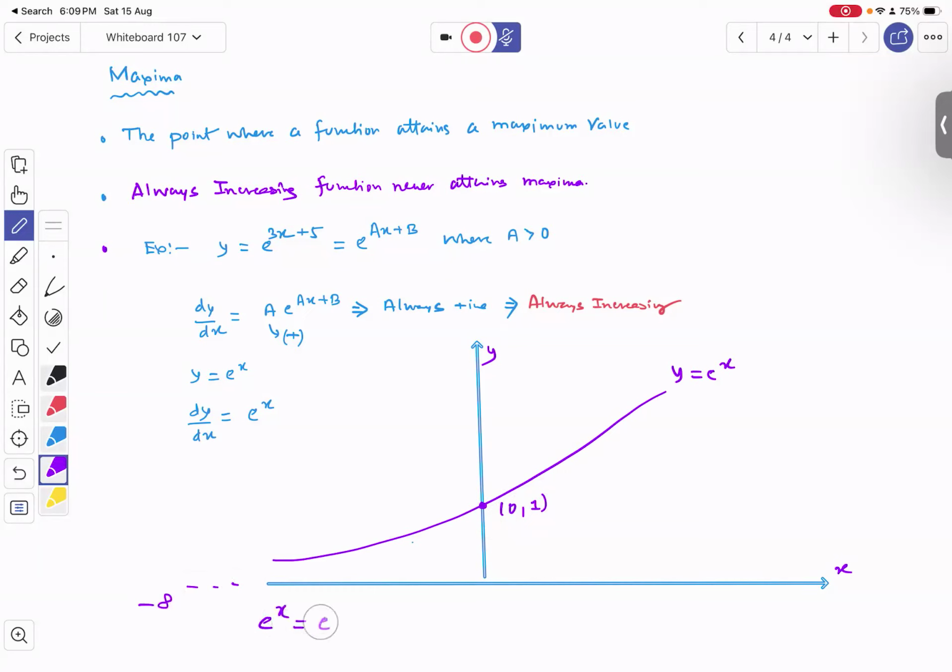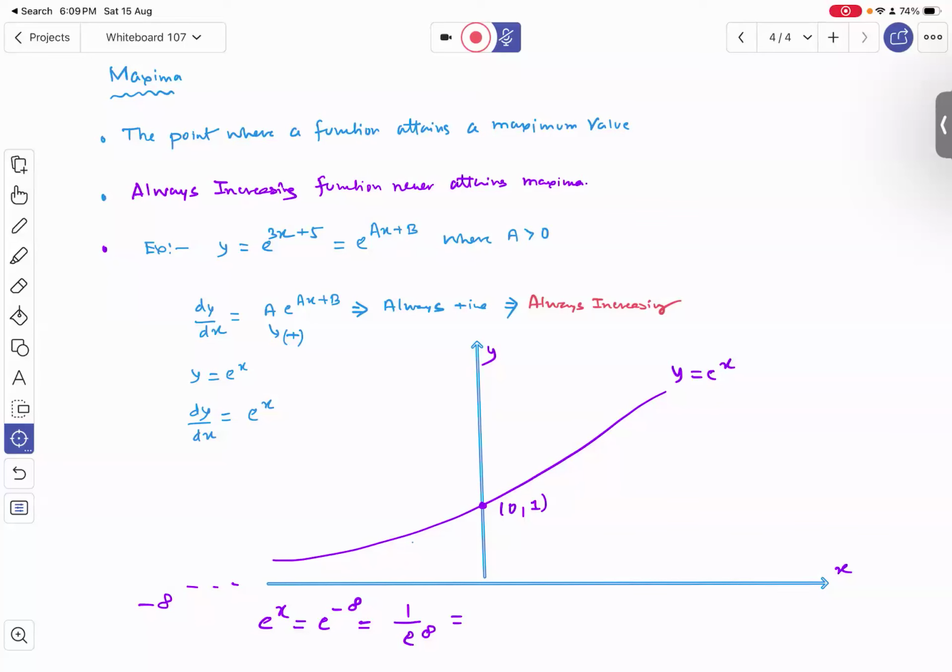And as you keep moving towards the minus infinity side, what will the e power x value become when x is minus infinity? Just a thought experiment. e is a quantity more than 2, no? So maybe I'll write it as 1 by e power infinity. Something more than 1, if you give it a power infinity, means you multiply it infinite times with itself, no? Like 2 power infinity means you have multiplied 2 infinite times.